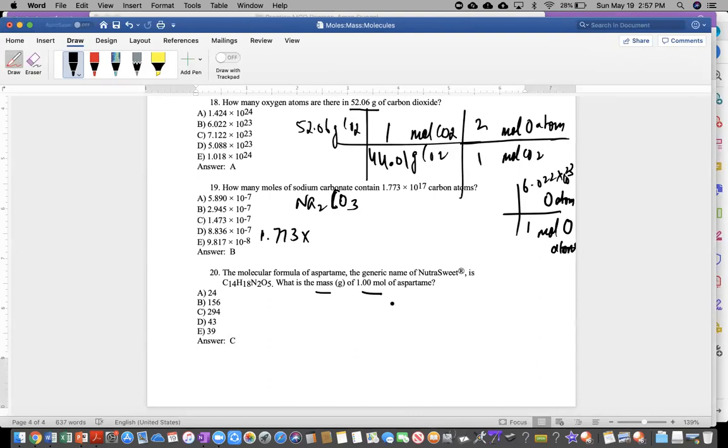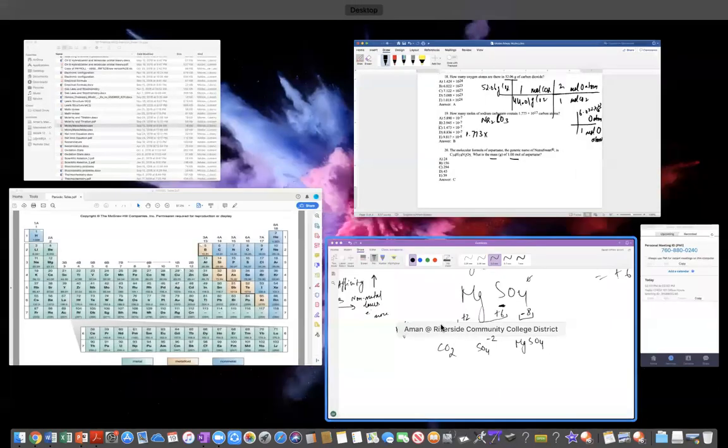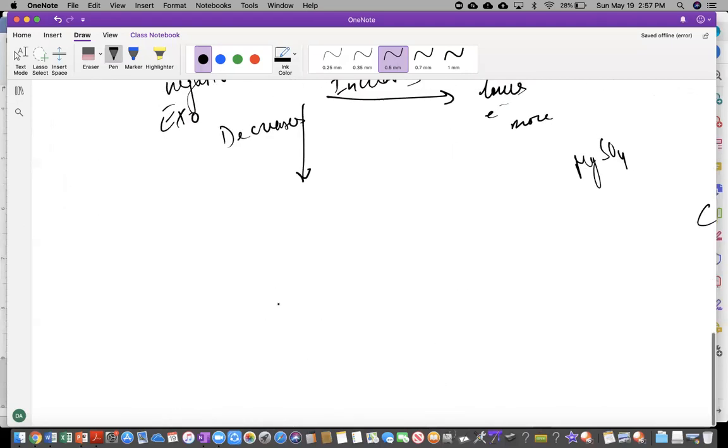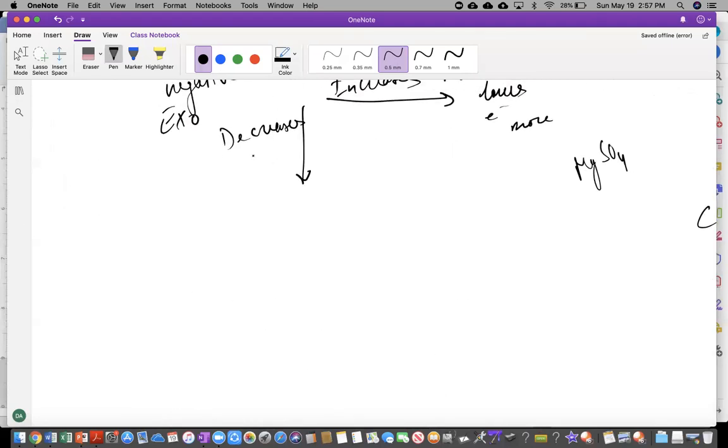For the isotopes, I don't understand how a question could be asked about isotopes. Let me give you an example.